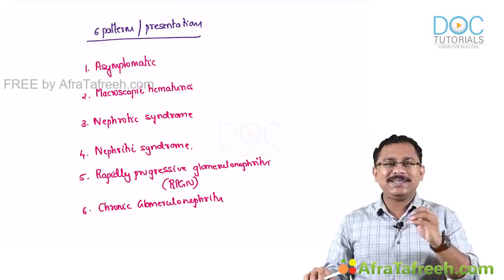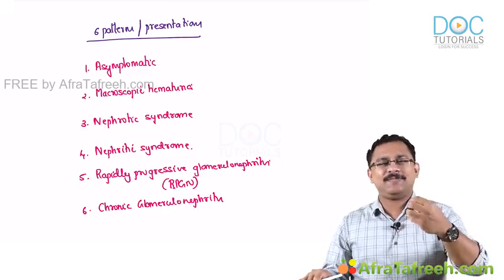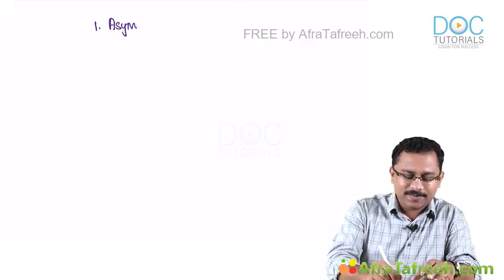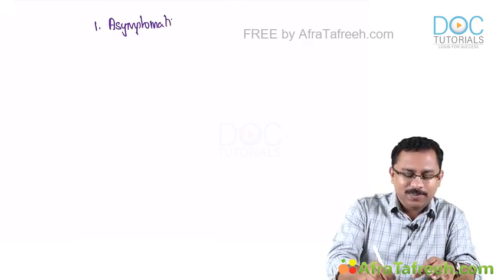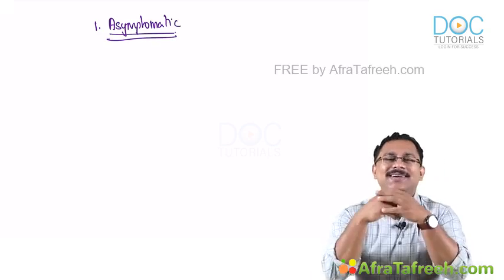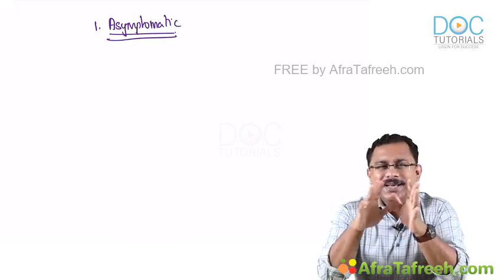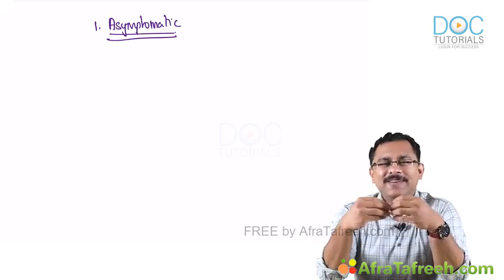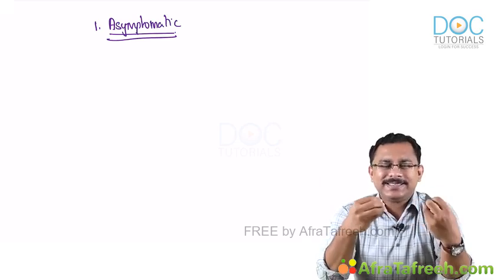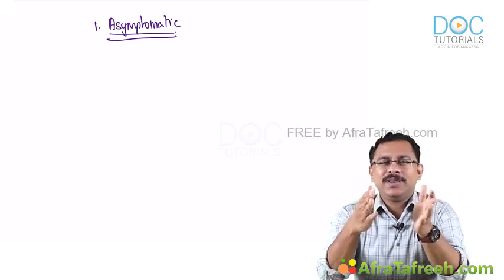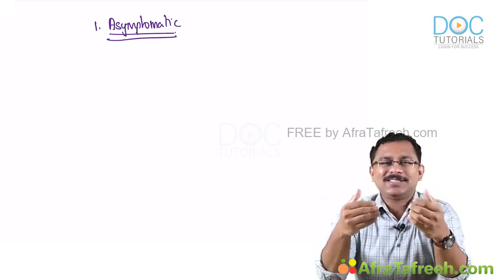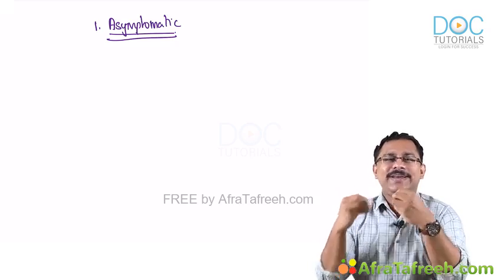Okay. So now let's see individually the patterns of presentations. Just the important points. First of all, the first presentation I told you is asymptomatic. So what do I mean by asymptomatic? Asymptomatic presentation means the patient did not have any clinical symptoms per se, and probably when he underwent some urine examination, maybe when you go for a job recruitment, sometimes they might ask you to do various blood tests and urine examinations.